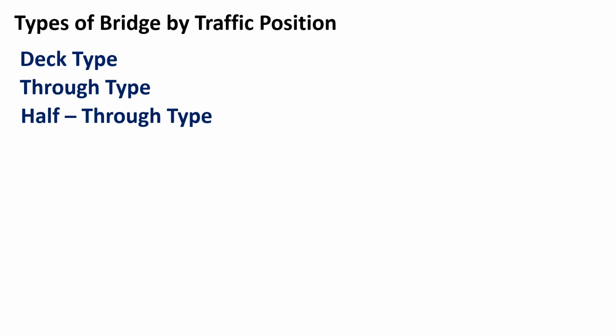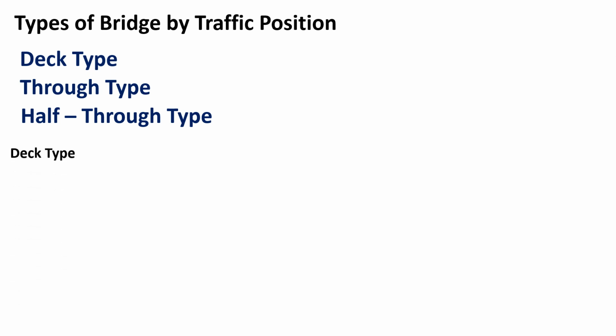Let's now talk about the types of bridge by traffic position. Actually, we have three types, and here are the following. First, we have the deck type, followed by the through type, and then we have the half through type.